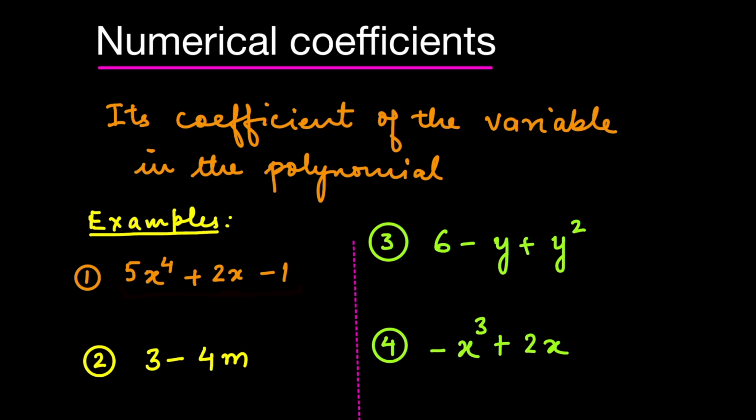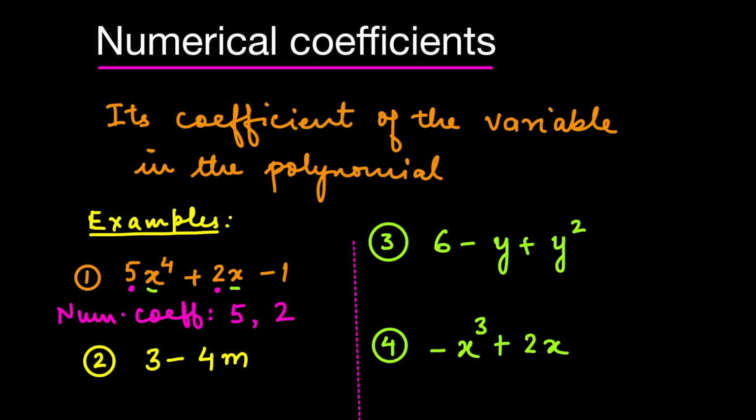The variable is x. And what are the numbers written with it? 5 and 2. Both are positive. We'll take the signs also with them. So we write numerical coefficient 5 and 2. As they are positive, we don't mention the sign.